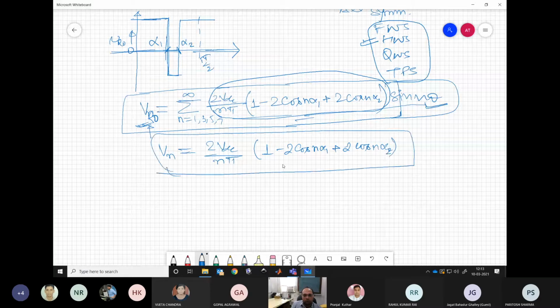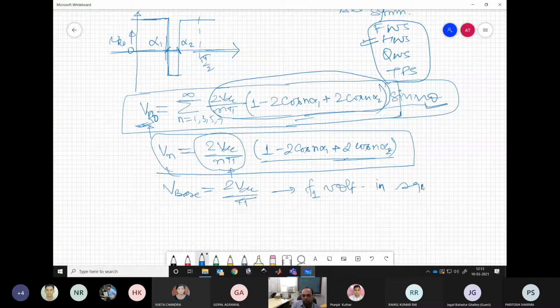Now in this we have this portion which is dependent on alpha 1, alpha 2 and n, and this is also dependent on n. So let's say if we take a base voltage of 2 VDC by pi, basically this corresponds to the fundamental voltage in square wave.